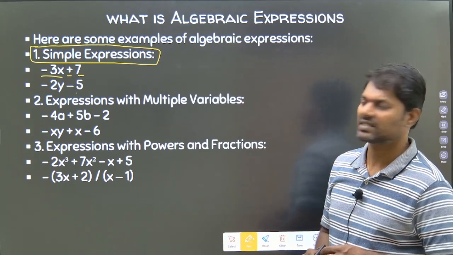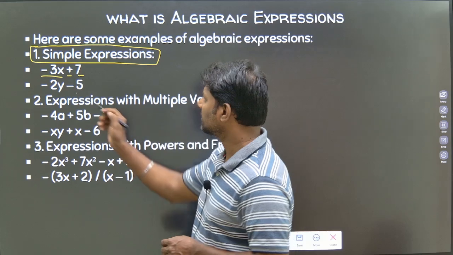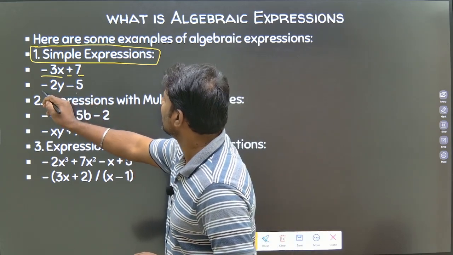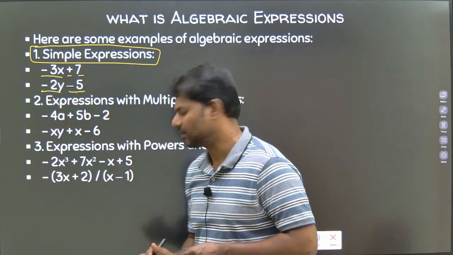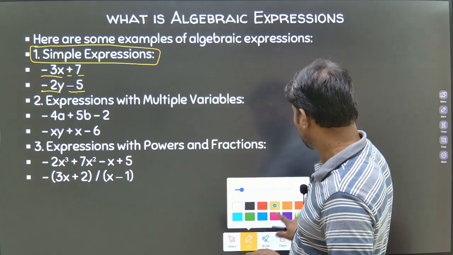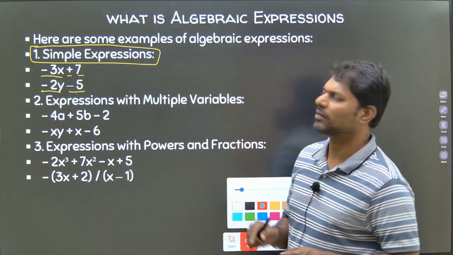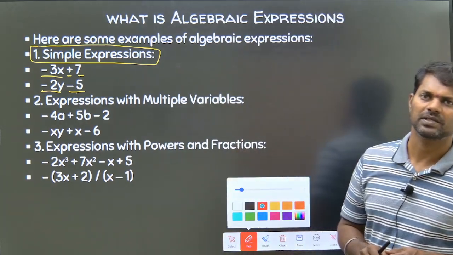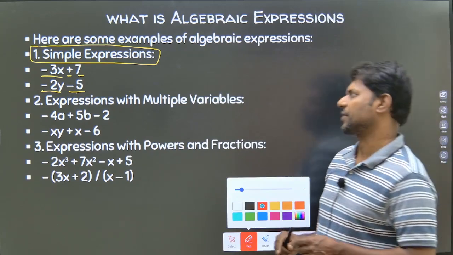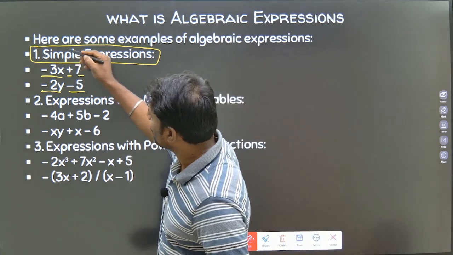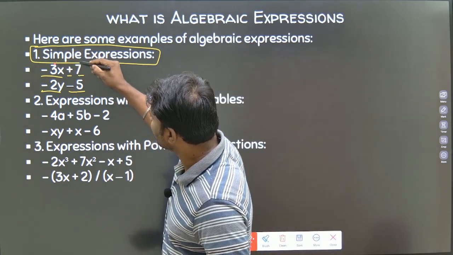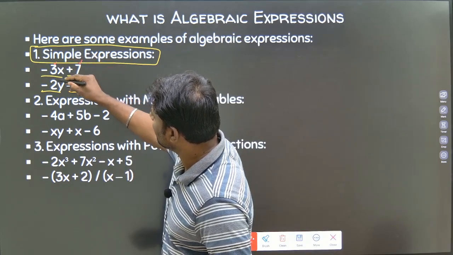Another example, minus 2y minus 5. These are two examples of simple expression. These examples contain constants: 3, 7, 2, 5.